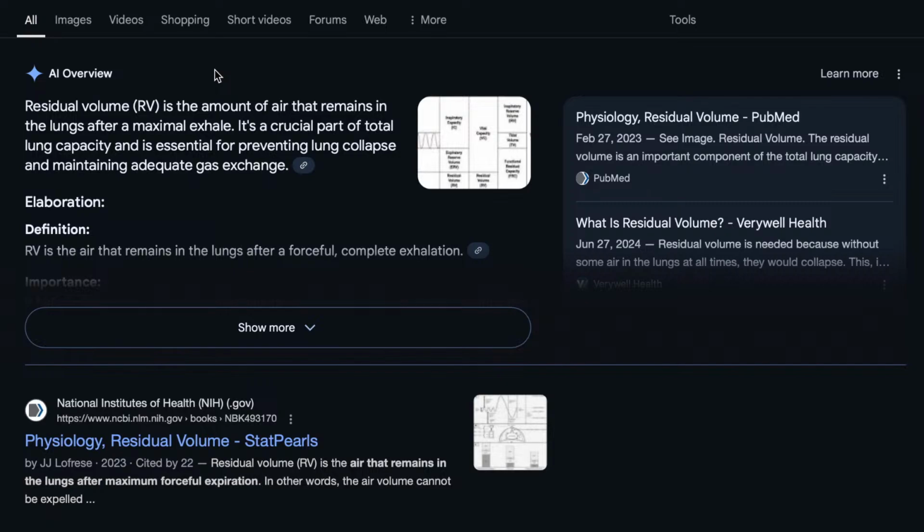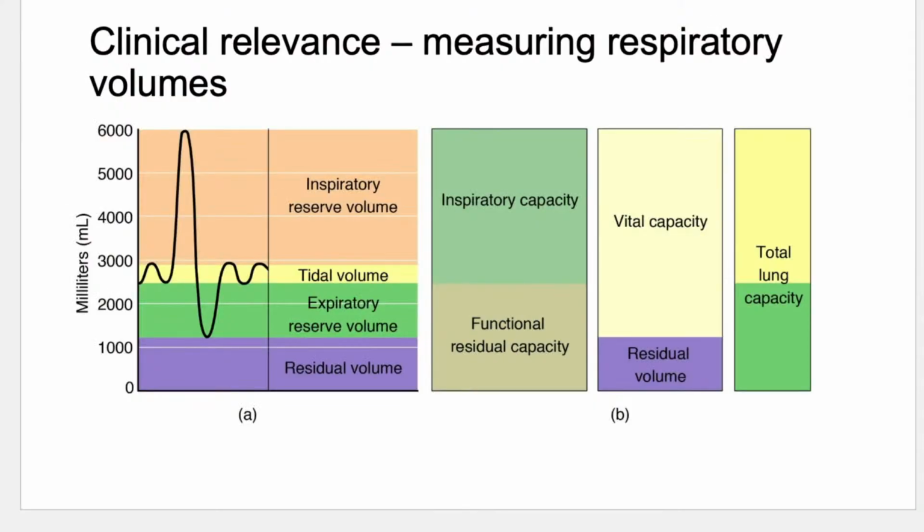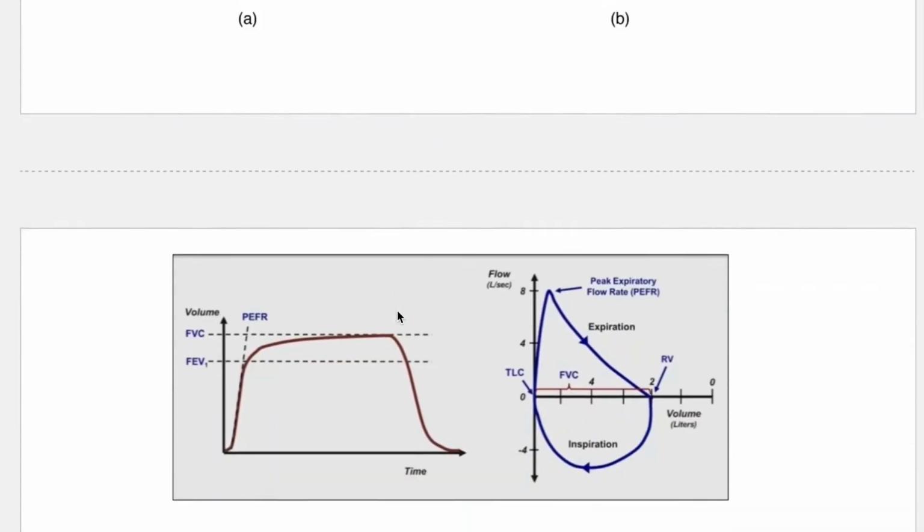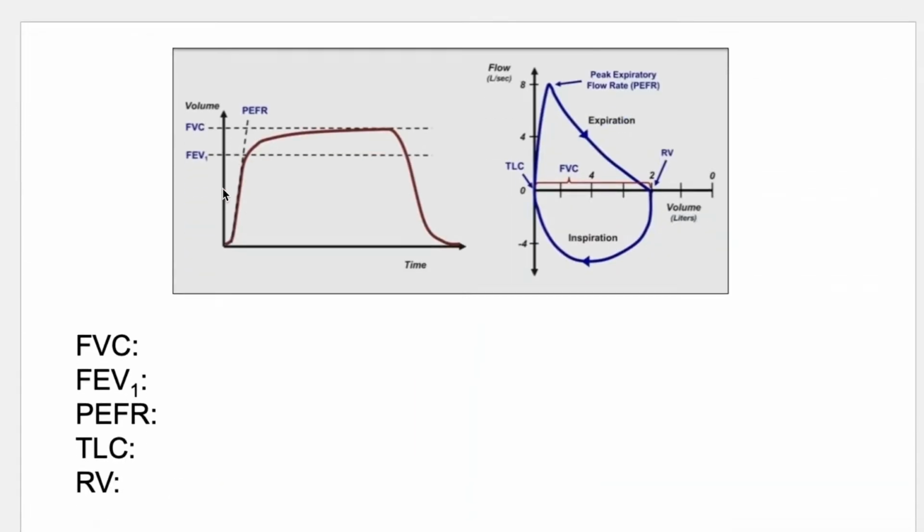Is the amount of air that remains in the lungs after a maximum exhale. Oh, okay. So after a maximum exhale, this is like the air that you cannot move. And functional residual capacity is just the air that remains in your lung after a normal exhale. Because in quiet breathing, you're not exhaling all your air. Okay, I get that a lot better. Sorry if that was confusing to you all.